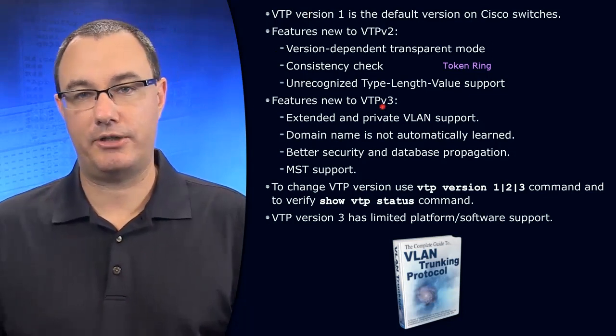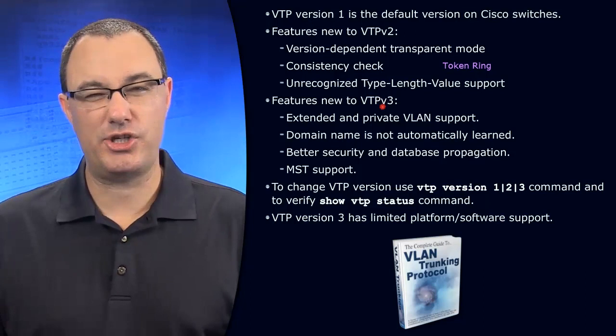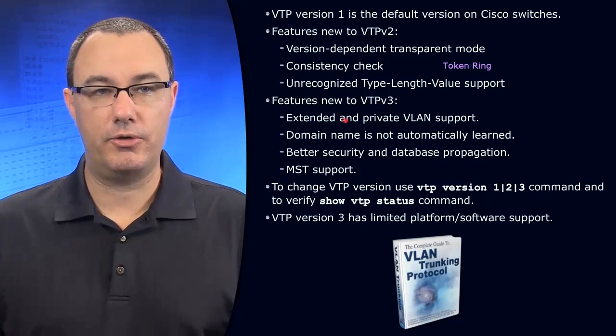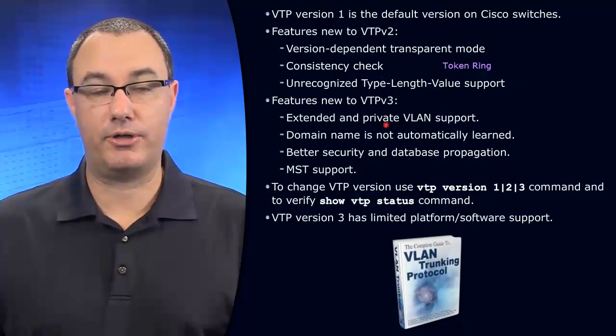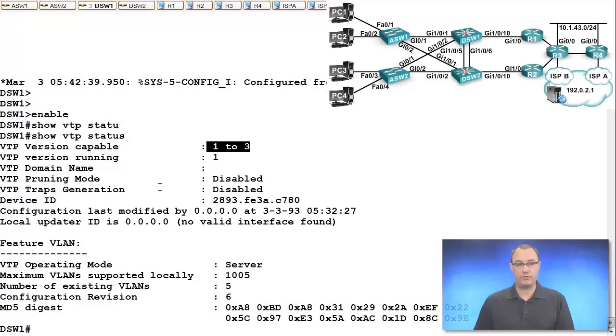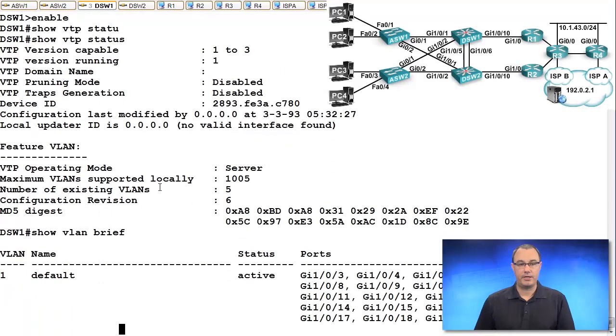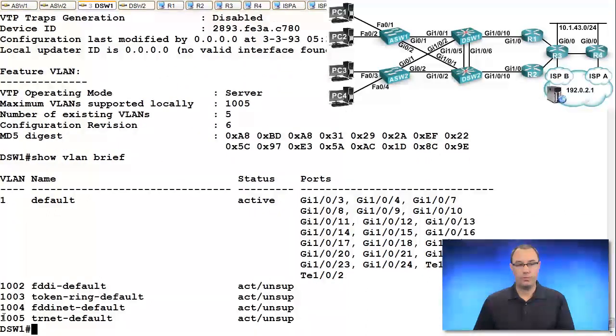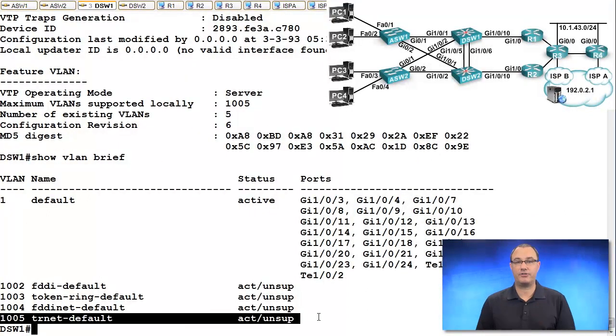You will be affected by version 3. This is a huge deal. You get extended and private VLAN support. Now, firstly, what is extended VLAN support? We're talking VLANs, and actually let me just show you them. When I do a show VLAN brief, VLANs that are above 1005 are called the extended VLANs.